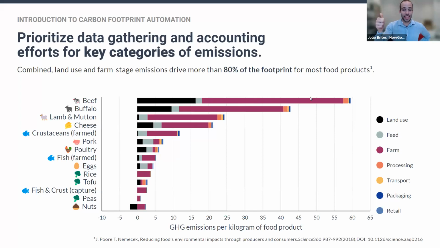That accounts for land use, feed, and farm-level emissions. All of that together usually drives 80% of the footprint of most food products. So if there is a place where you want to have data granularity, where you want to have good GHG accounting methodologies that are really refined, it's looking at farm-level and land use emissions, because those are going to be driving the bulk of your impact.